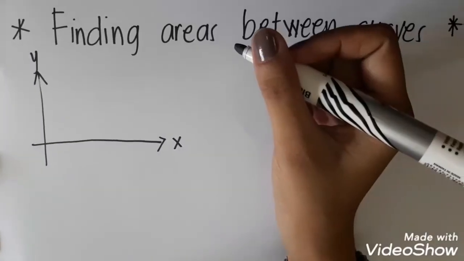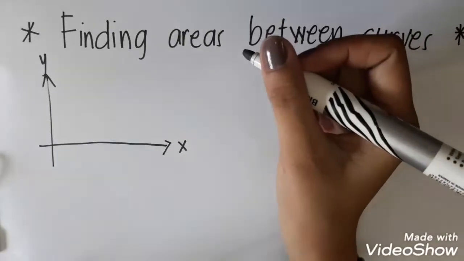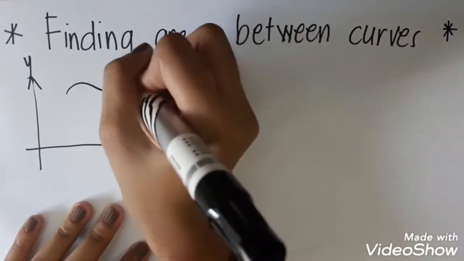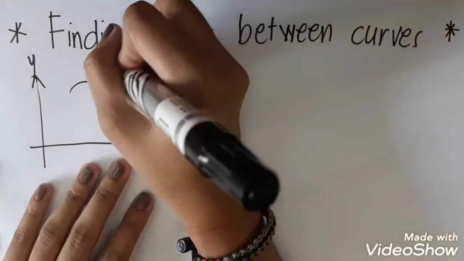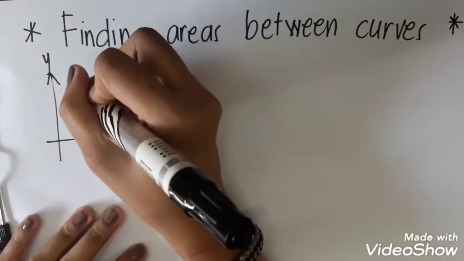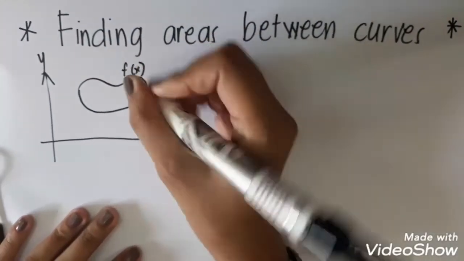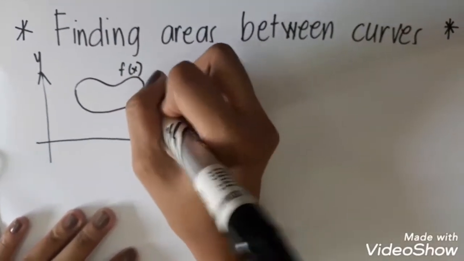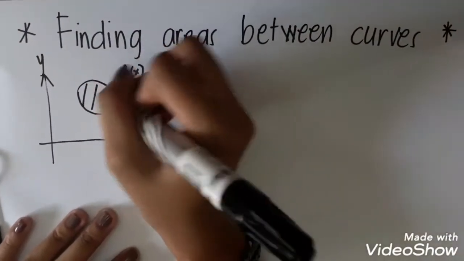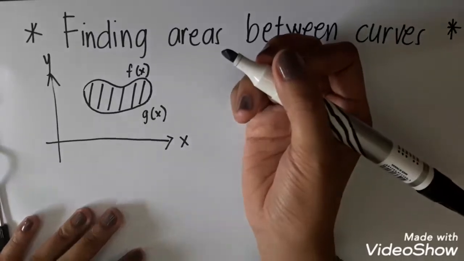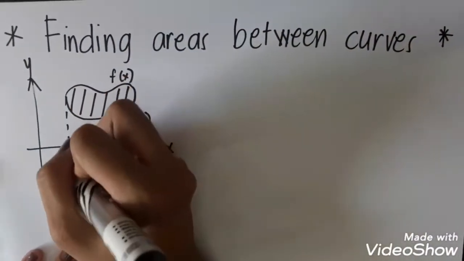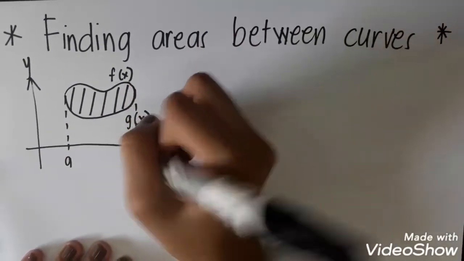Hi, in this video, we're going to talk about finding areas between curves. The basic idea is when you have two curves, for example, this one, we'll call this one f of x, and the other, this one, we'll call this g of x. What we're trying to do is find the area between the two curves, this part. So here is the x coordinate of a and the x coordinate of b.